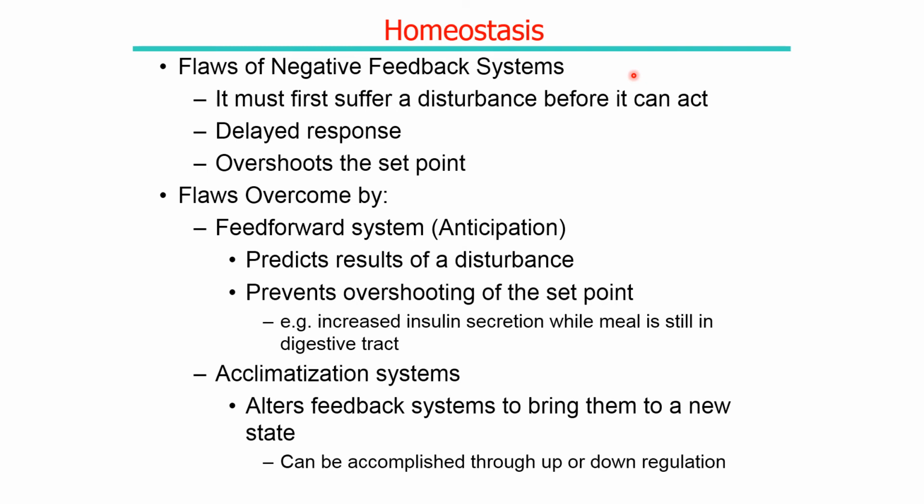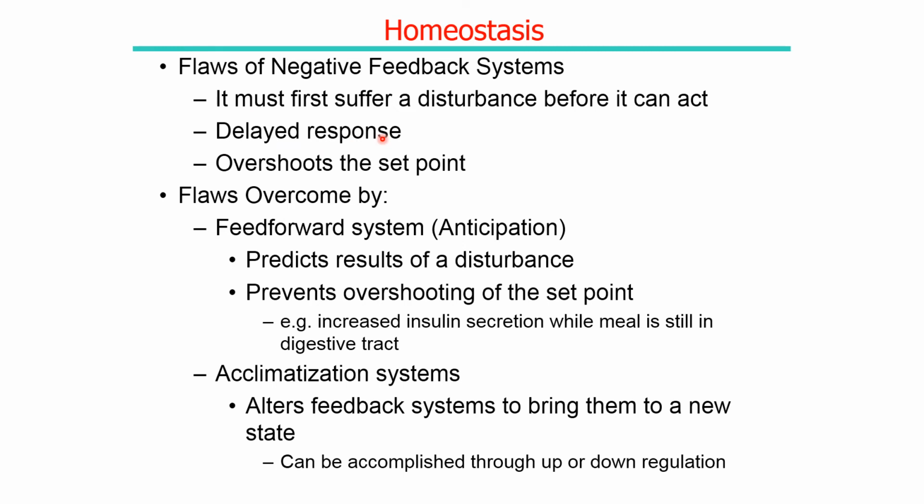The first one is that the negative feedback system cannot predict a change in variable. The variable should actually be changed before the negative feedback system starts to work, so that delays the response.